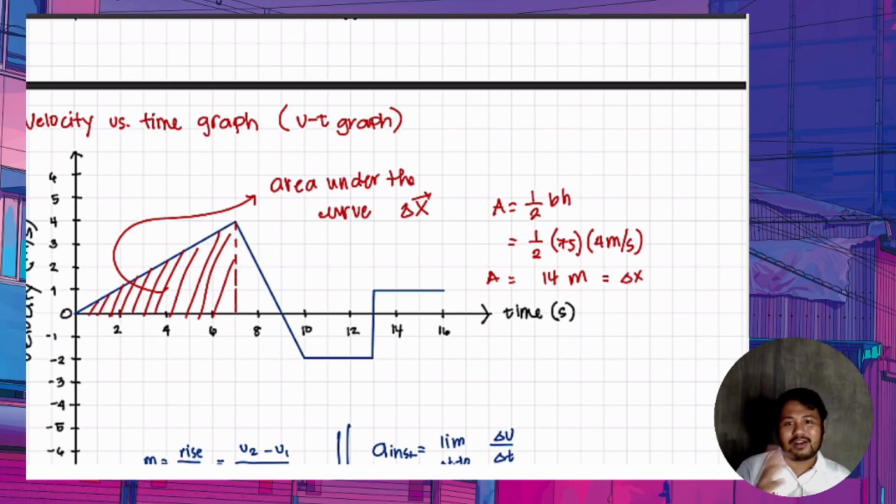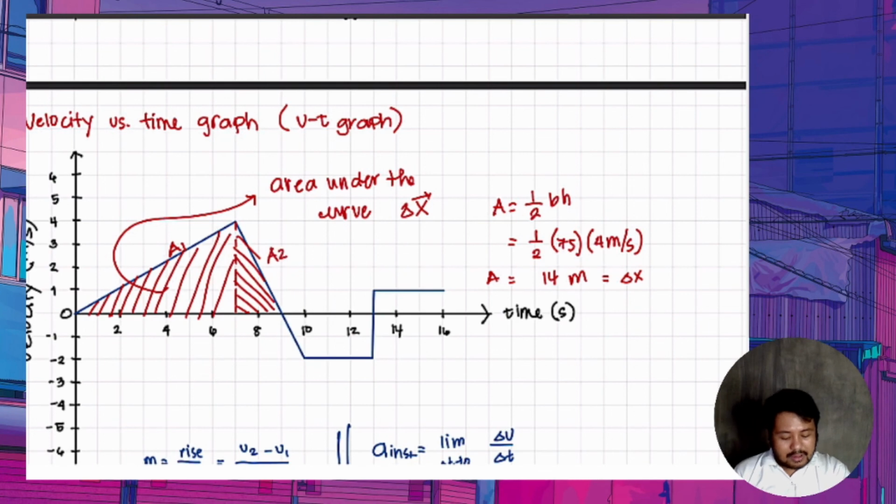Okay? So, area under the curve of velocity versus time graph will give us the displacement in that given time interval. So, if you want from 0 seconds to 16 seconds, then you have to get the different areas. So, area 1, tapos eto, area 2 ka na naman.